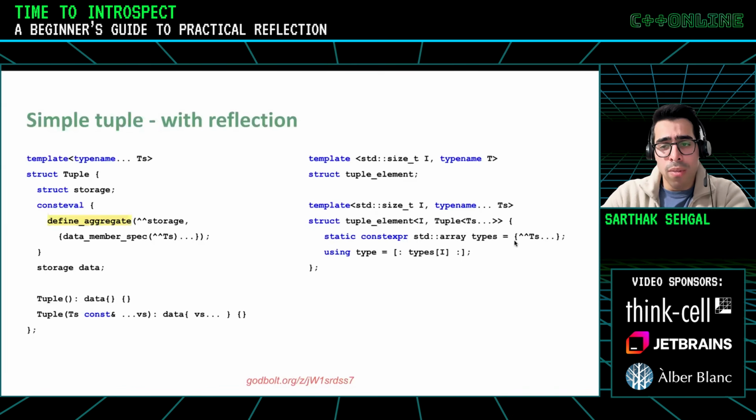What we can do is get a reflection of the array of type Ts and simply access the ith element in the array of the reflection and splice it back to get the type. There are several examples. You can have a look at the slides in more detail later, but it's all about appreciating how simple reflection makes all these things.